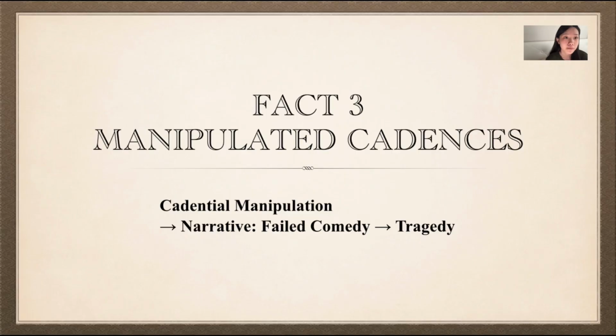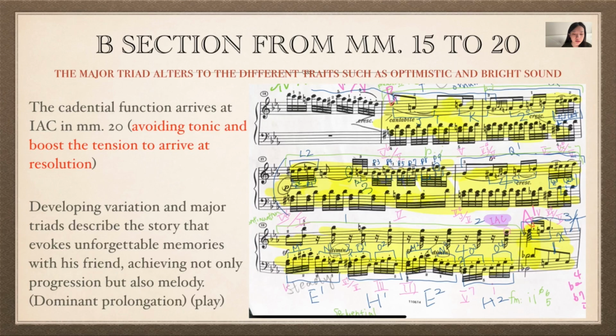Fact 3, manipulating cadences. The third analytical fact is Beethoven's manipulation and weakening of cadences throughout the movement. Take the B section for example, from bars 15 to 20. The cadential function arrives at an IAC in measure 20, avoiding the tonic and boosting the tension before resolution.